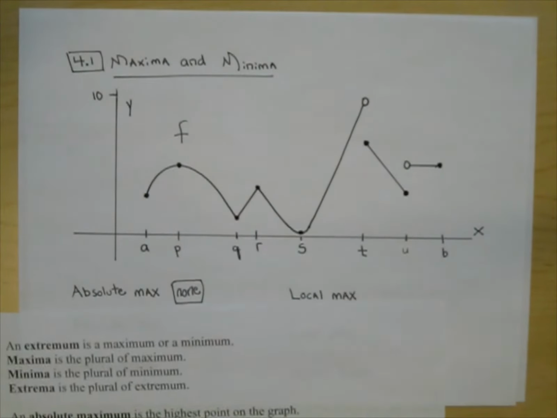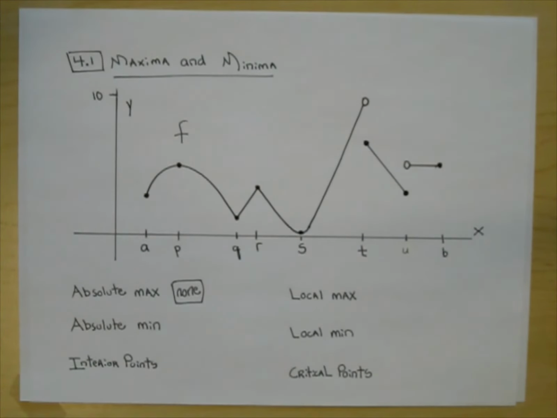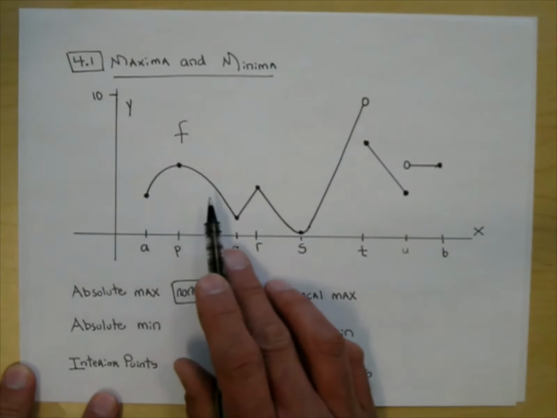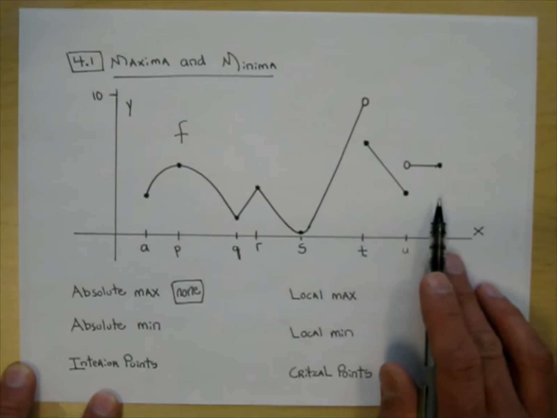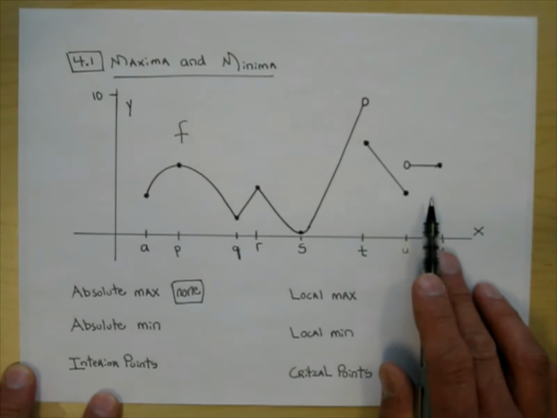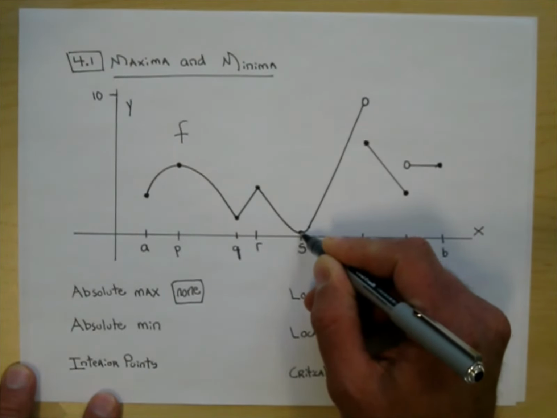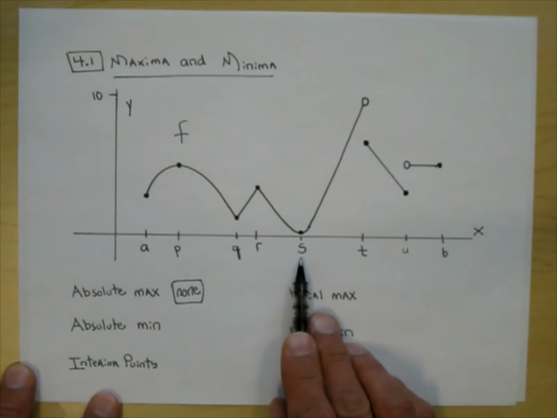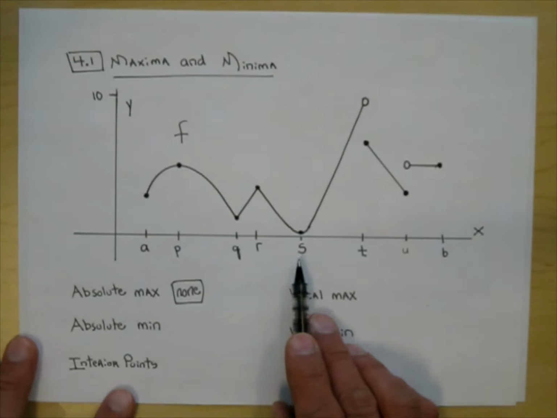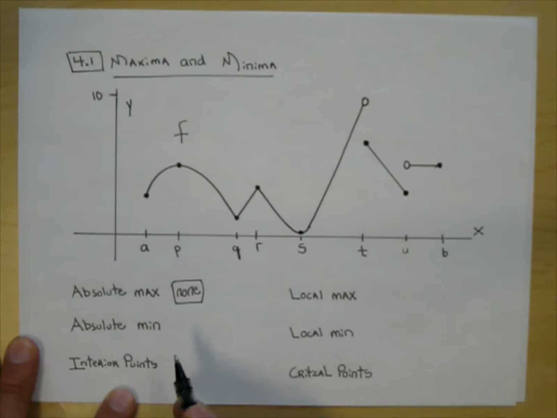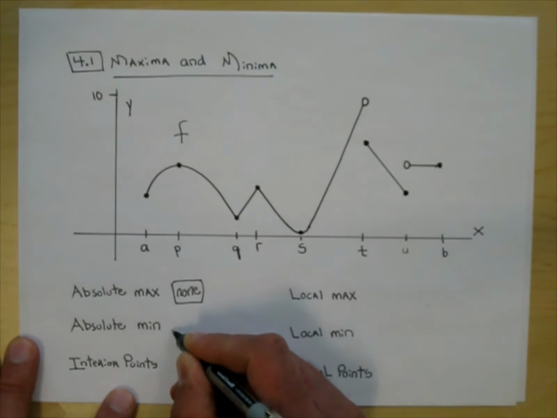Let's take a look at our graph. So the question is, is there a lowest point on this graph? And we can see, if you just look at it, the lowest point is right here. Now we don't know what the y value of that point is. The x value is s, the y value is f(s) if you'd like. But what we're going to do when they ask for the absolute min or max, at least in your homework, they'll want the location.